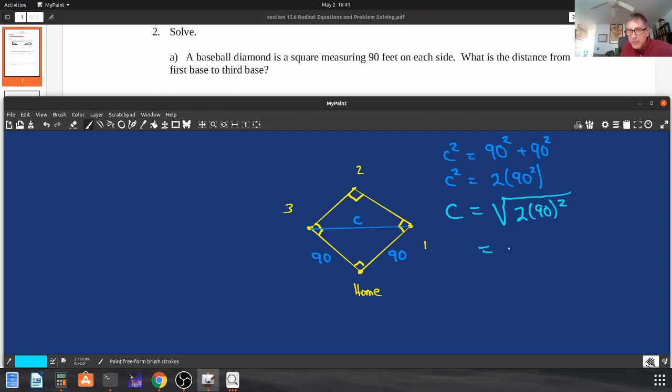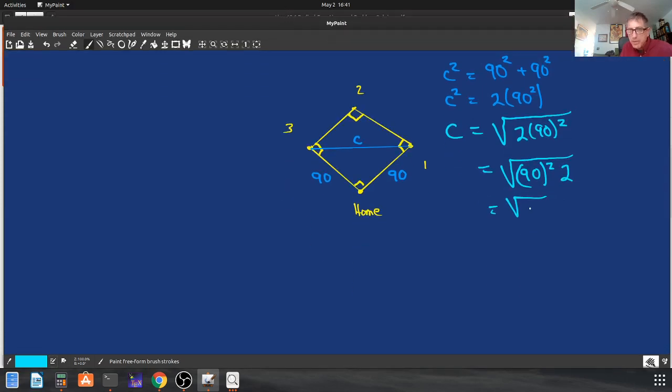That's just equal to the square root of 90 squared times 2. You don't have to put 90 squared first. Just using our properties here, that is the square root of 90 squared times the square root of 2. The square root of 90 squared is 90 times the square root of 2.